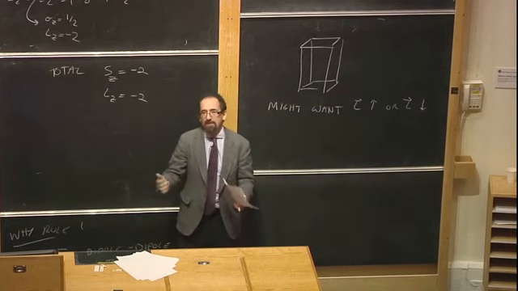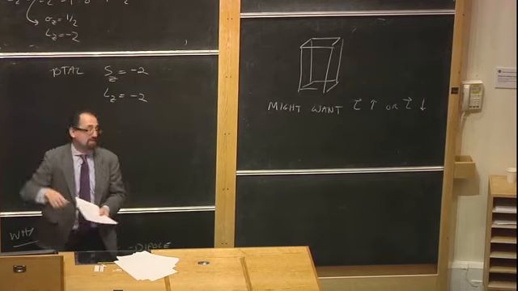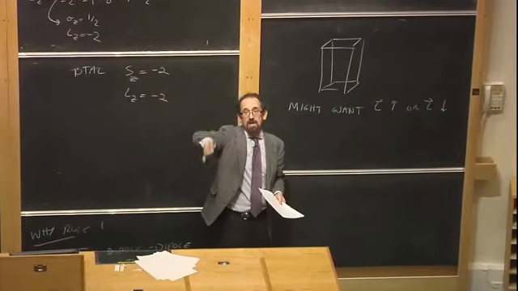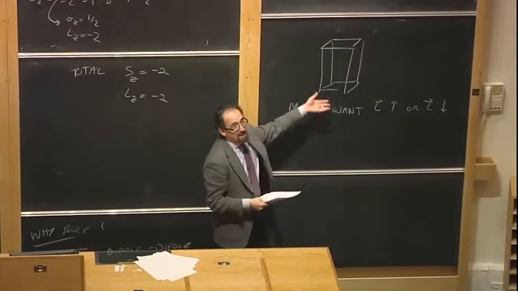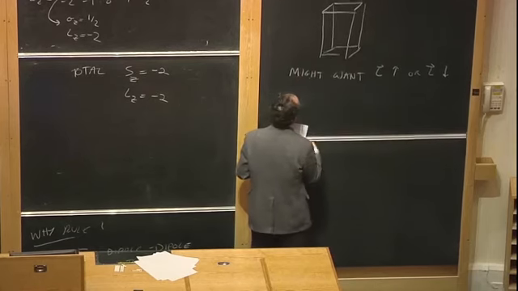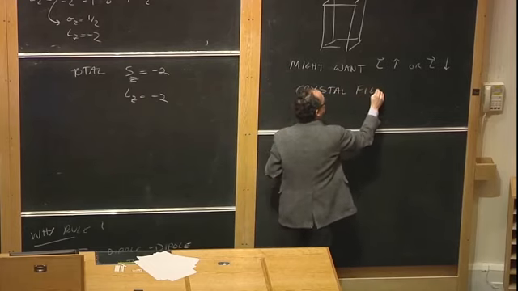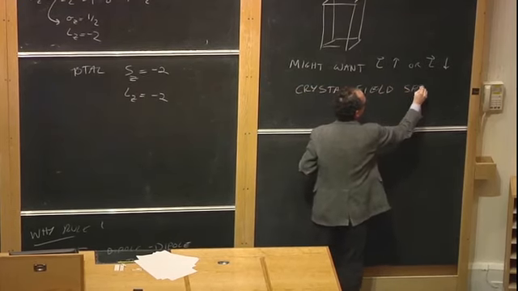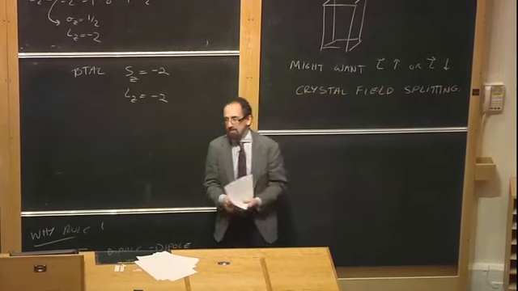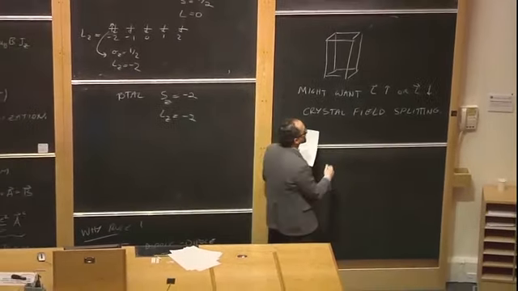So even if it was an f electron, which could point in L_z equals all the way from -3 to +3, because of the environment it might prefer to point directly up or directly down and not anywhere in the middle. And that can change the story quite a bit. This is what's known as crystal field splitting, where the environment of an atom tends to fix which angular momenta are allowed and which ones are not allowed.